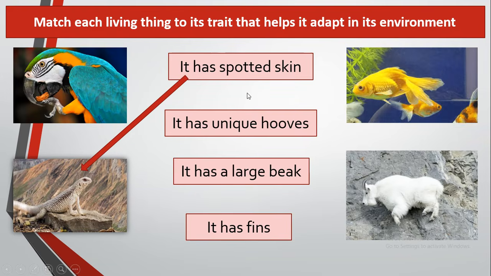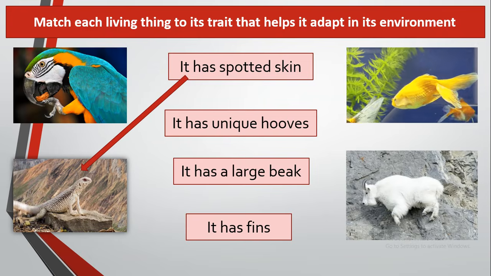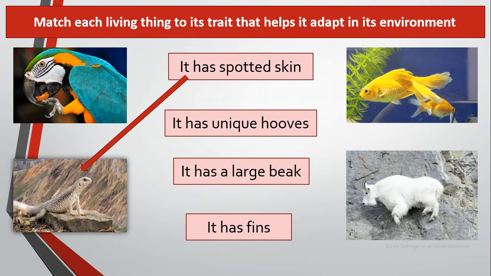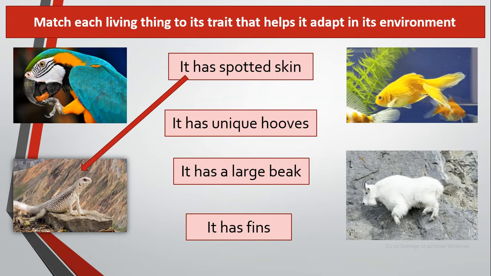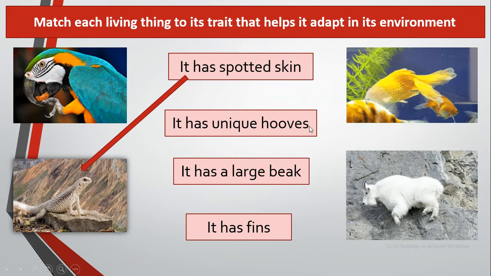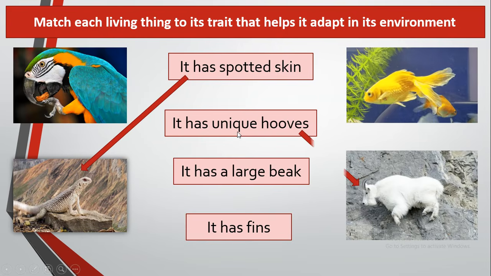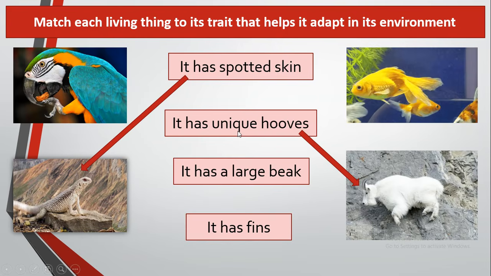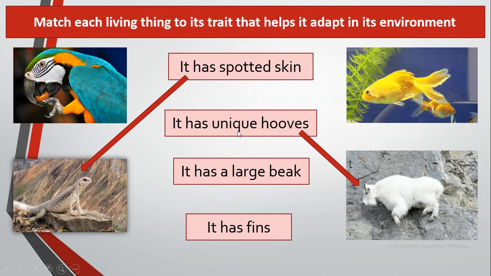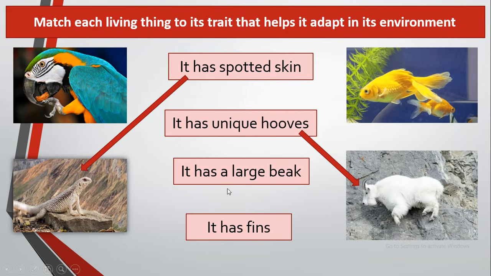Yes, it's the lizard because it helps it blend in, hide from the predators. It has unique hooves. Which animal has unique hooves? Mountain goat, yes. Hooves help mountain goats climb rocky slopes in the mountains.